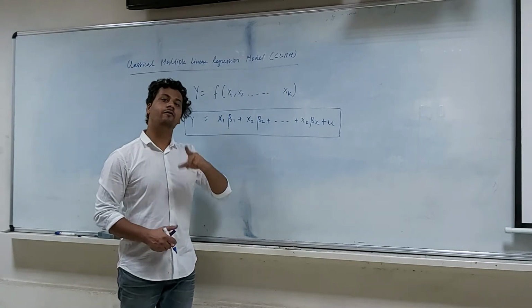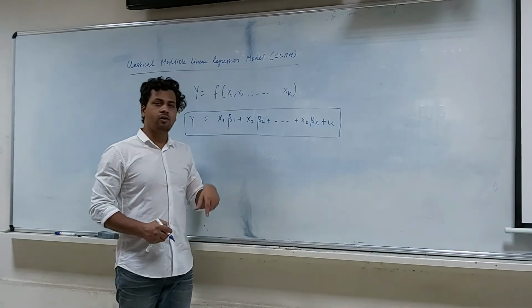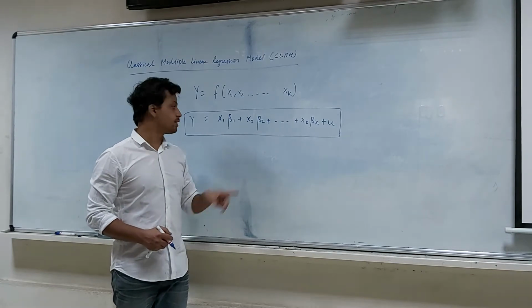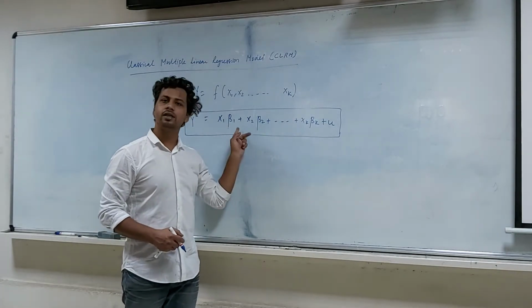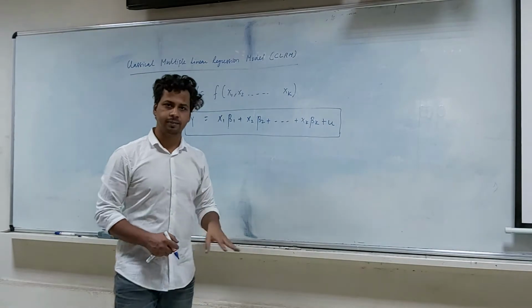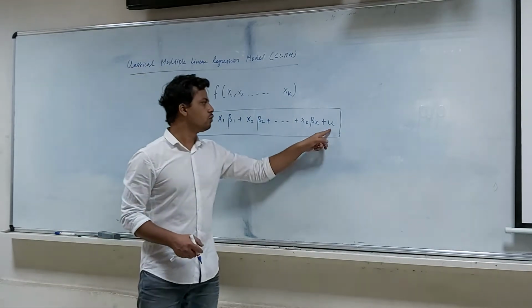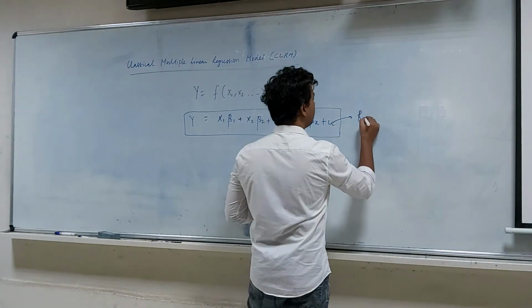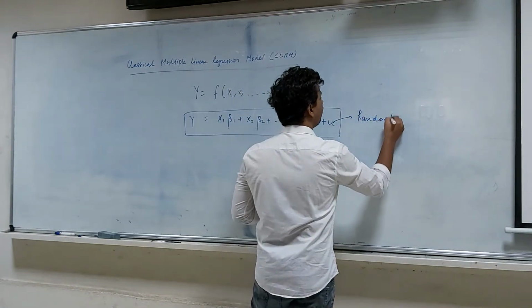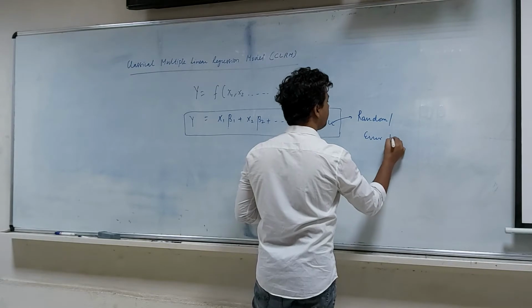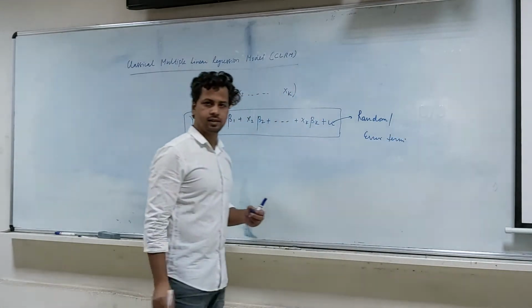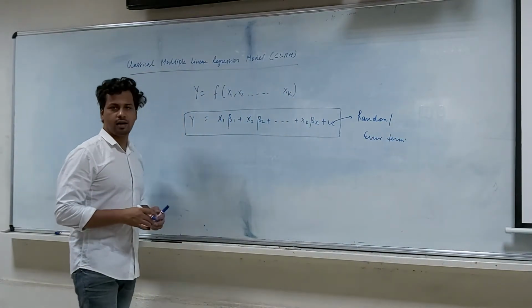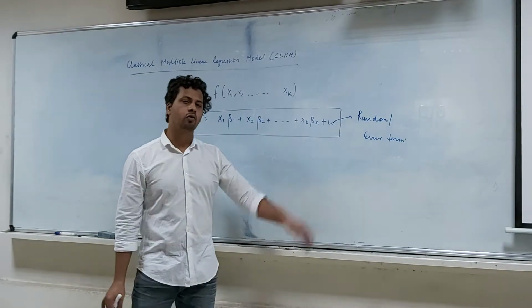That's why one of the first things we do in econometrics is to estimate these unknown population parameters using certain estimation techniques. And then you also notice this u, which is called the random or error term, or also the disturbance. Why is it included in the model?